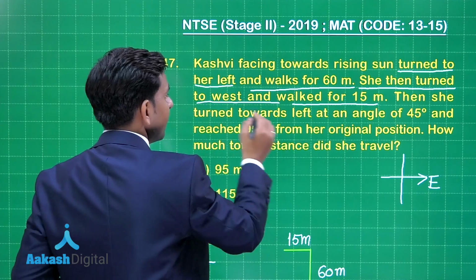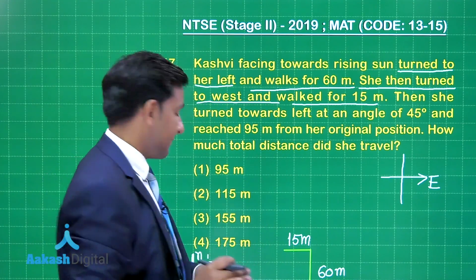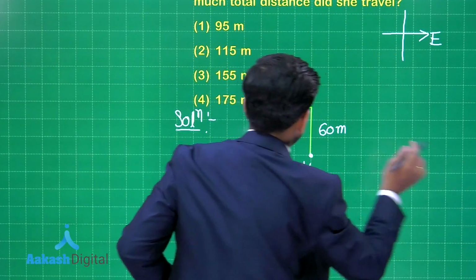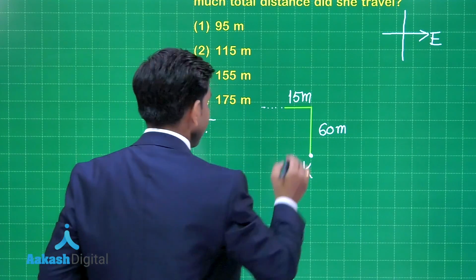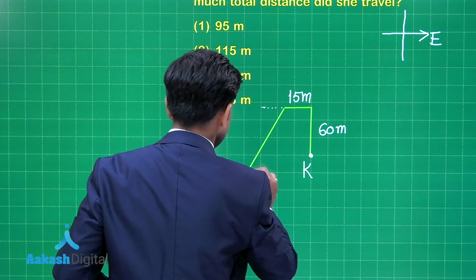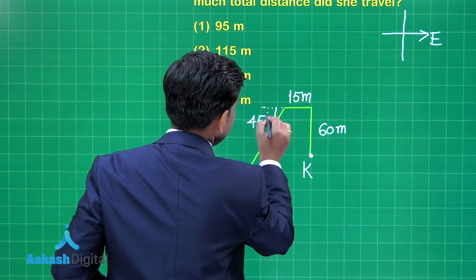Then she turned towards left at an angle of 45 degrees. So this will be represented like this: when we extend this line, here she is taking a left turn at an angle of 45 degrees. So this is an angle of 45 degrees.